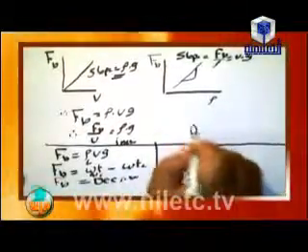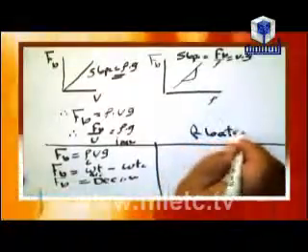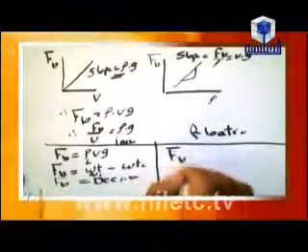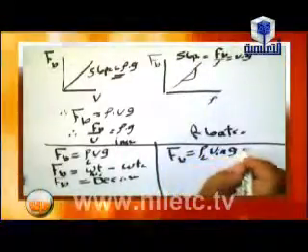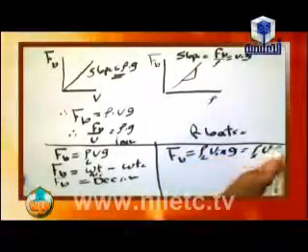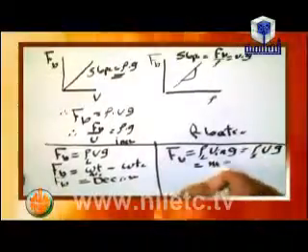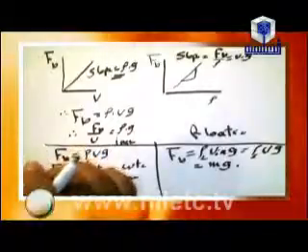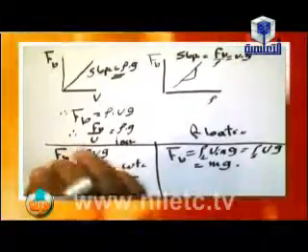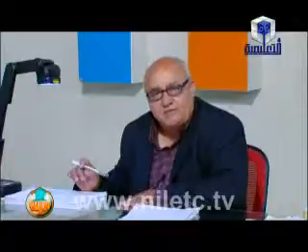In case of floating, FB equals rho liquid times V immersed times G, which equals the weight of the floating body, rho solid times V times G, which equals mg.